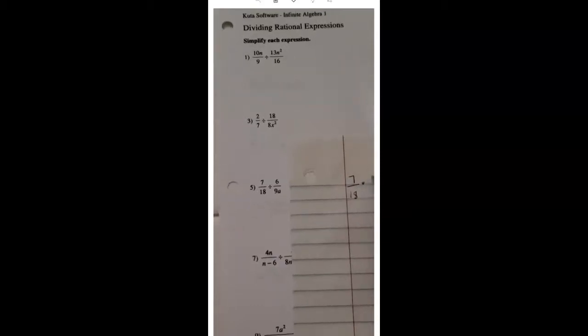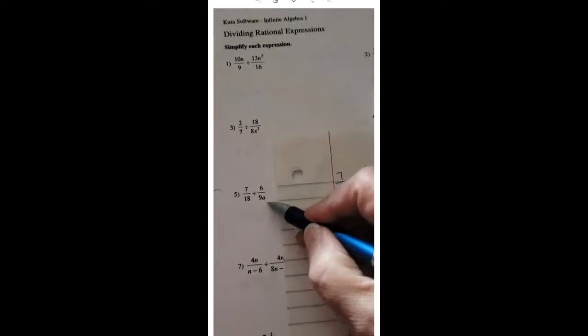Notice that number 5 is a monomial divided by a monomial, which means that the first thing I'm going to do is write it as a multiplication problem. And instead of having that 6 over 9a, I'm going to write that as 9a over 6.